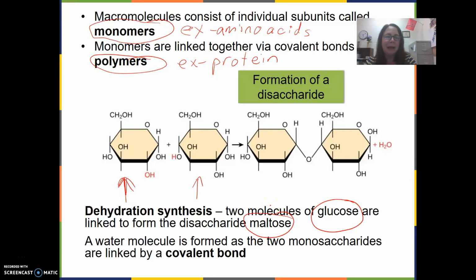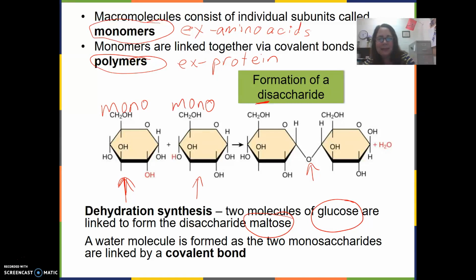Maltose is a disaccharide. Di means 2. So you've got 2 monosaccharides called glucose that are being joined by a covalent bond, or a glycosidic bond, to form a disaccharide called maltose. That shows you how monomers are linked together to form polymers.